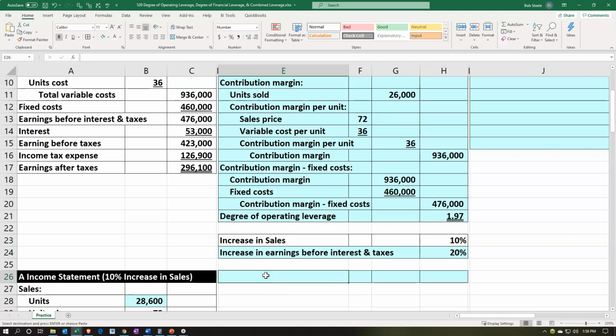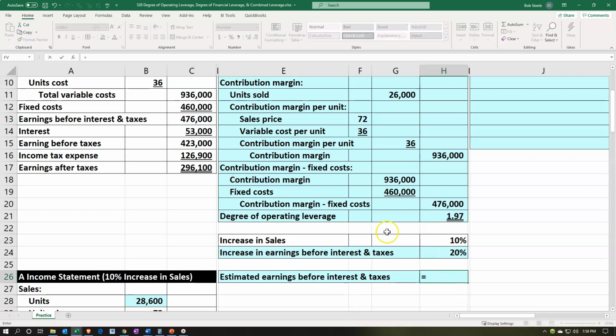Now, let's go ahead and prove that. What does that mean? It means that if we take the earnings before interest and taxes, I'm going to take this number here and increase it by the 20%. So I'm going to take this number times 120%, or brackets, 1 plus 20%, 1 plus that number, 120%.